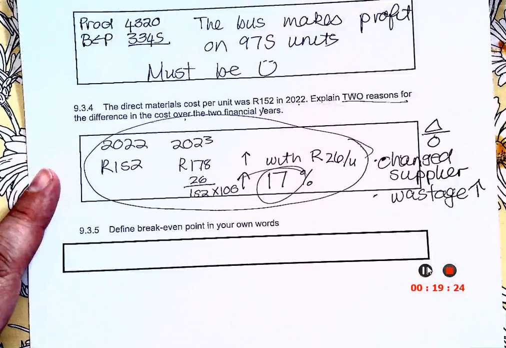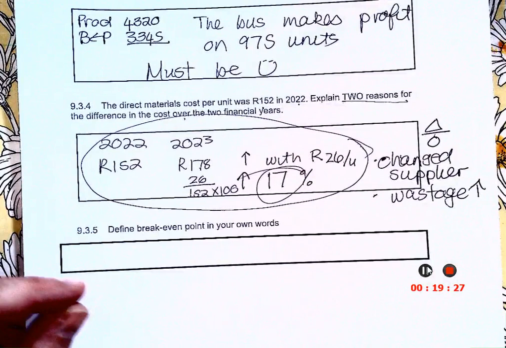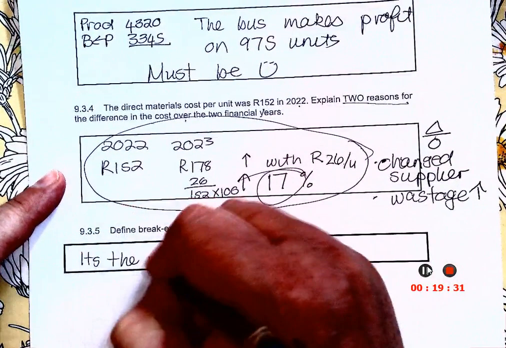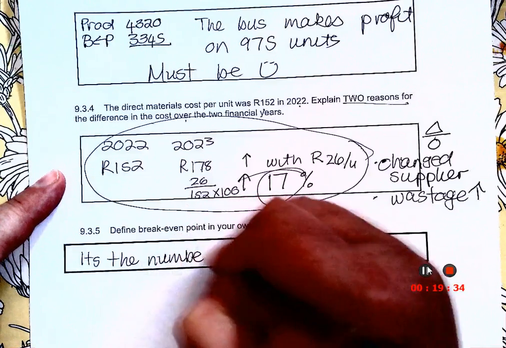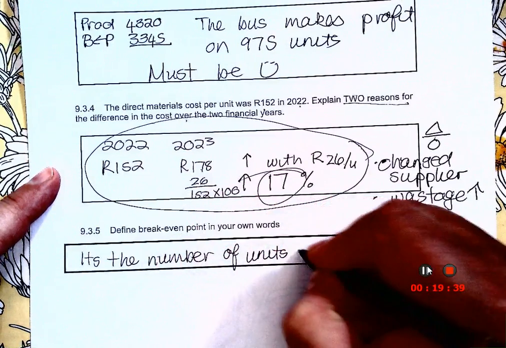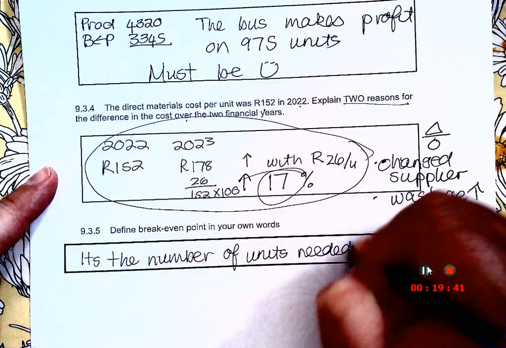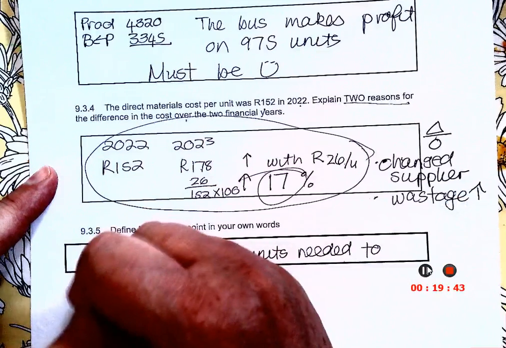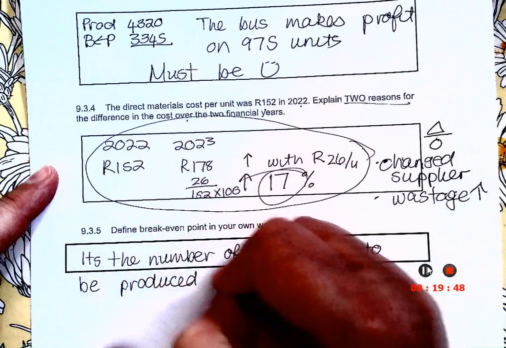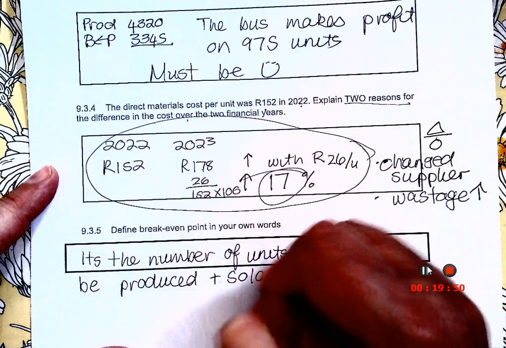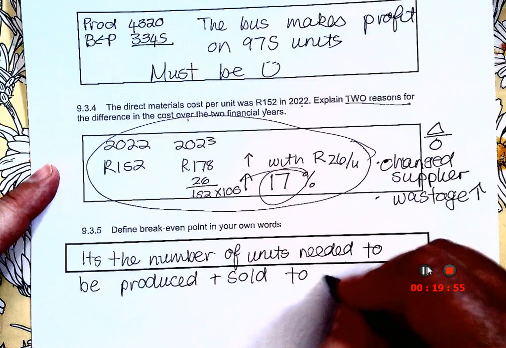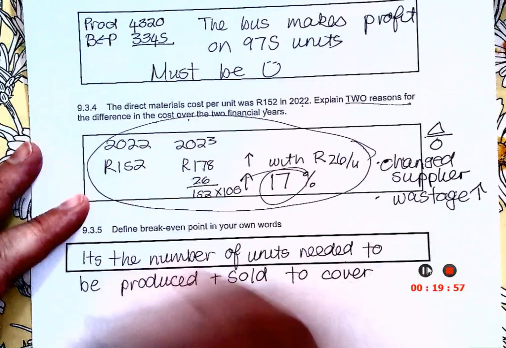Define break-even point in your own words. It's the number of units needed to be produced and sold, because it doesn't help that it's just made, to cover total fixed cost.